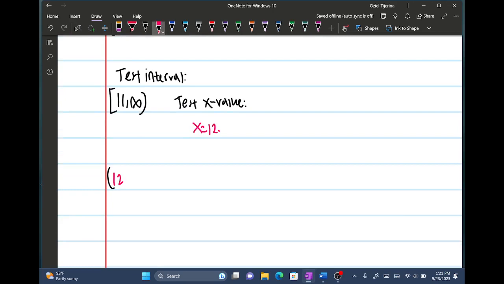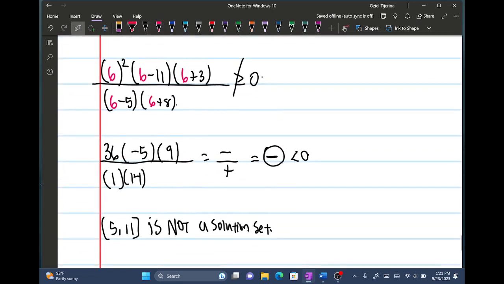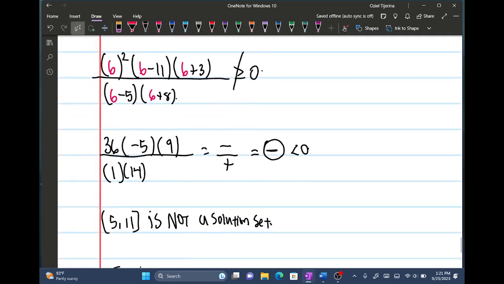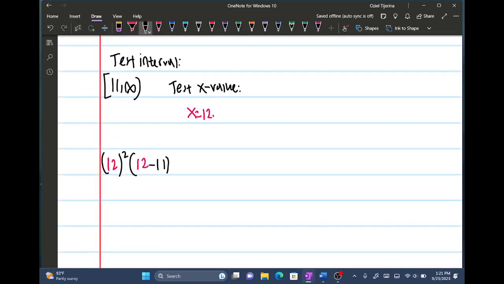and again, I'm using the same inequality that we had at the very beginning. 12 minus 11, and then times 12 plus 3. And all you need to know is if it's positive or negative.